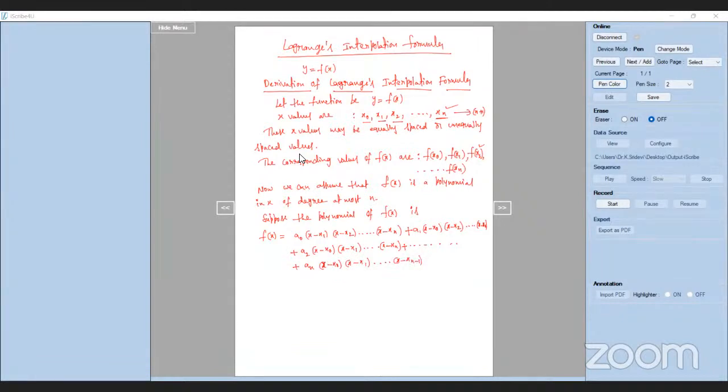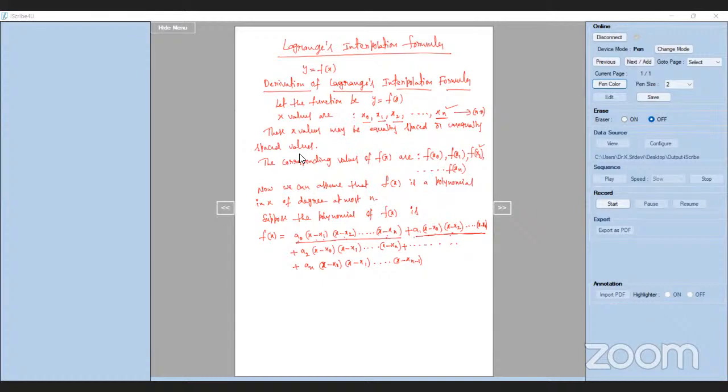Now in this polynomial you can observe that this is the first term, and a0 is the coefficient of this one. In these factors, x0 should not appear, so for a0, x0 should not appear. In the second term, x1 should not appear, and the coefficient of these factors is a1.